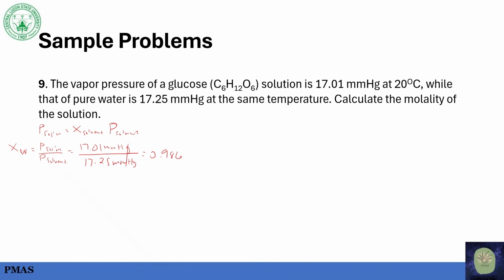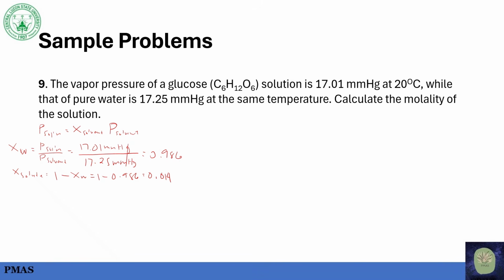Now, if the mole fraction of water is 0.986, therefore the mole fraction of the solute is just 1 minus the mole fraction of water. This is 1 minus 0.986 equals 0.014, right?